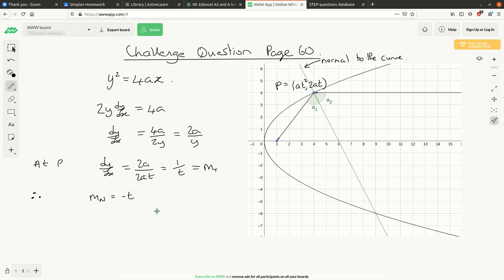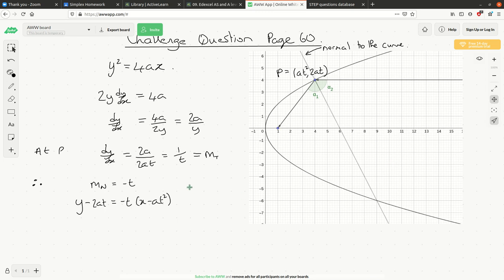Now I can find the equation of the normal, and we're definitely going to be doing this in the next few exercises, so this is really good practice. We've got y minus y1, 2at, is m of x minus x1. I'm just using y minus y1 is m times x minus x1. Dead handy, way better than y equals mx plus c for these equations.